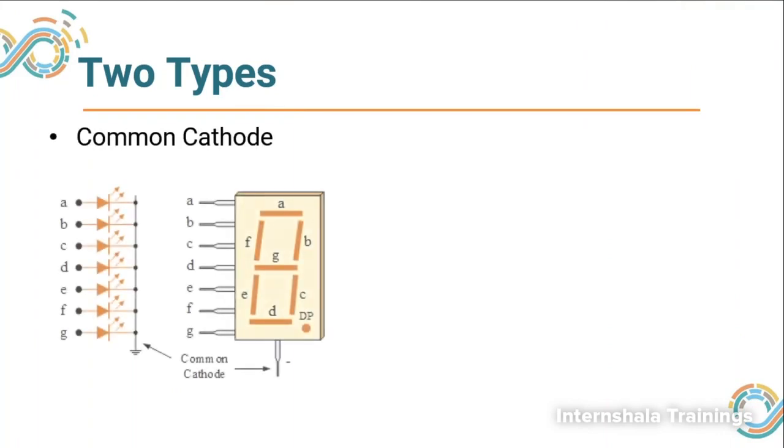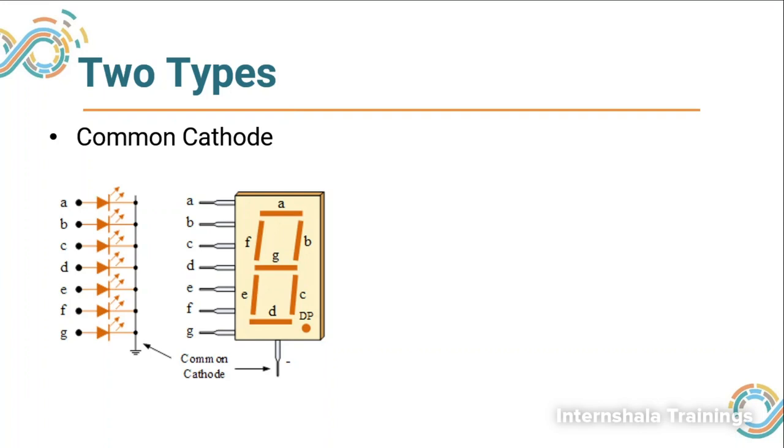So there are two types of 7 segment displays. The first one is common cathode. Cathode means negative side. So here all the negative junctions, the N side of LED, the cathodes, they are commonly connected to ground. The P side or anode are independently given to 7 different input connections.